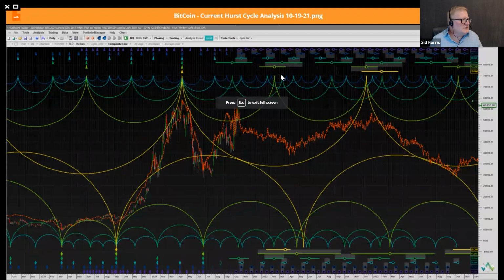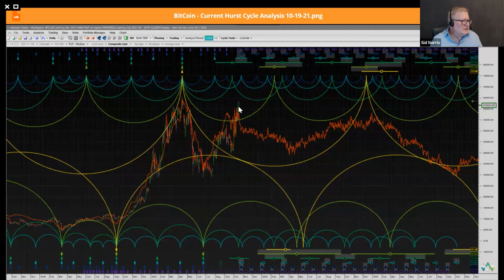So this is the Hurst roadmap for Bitcoin. This is the high that occurred back in April. This looks like it could have been a 5-wave down structure, but now we've come awfully darn close to making a new high above this high. If this was a 5-wave down, this really shouldn't make a new high here.